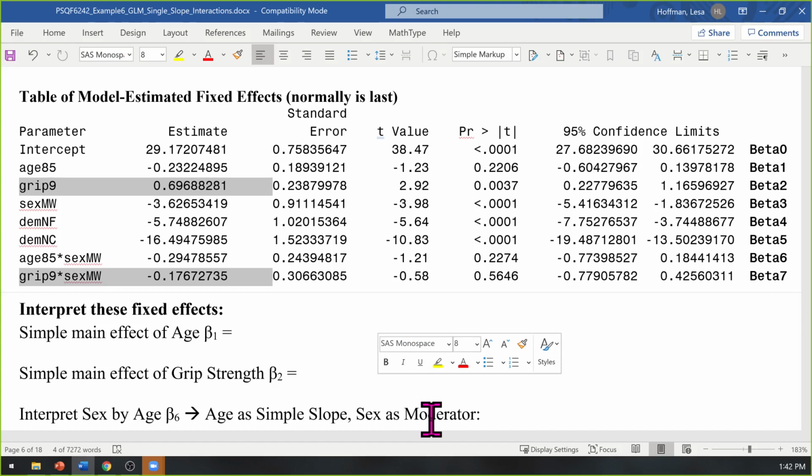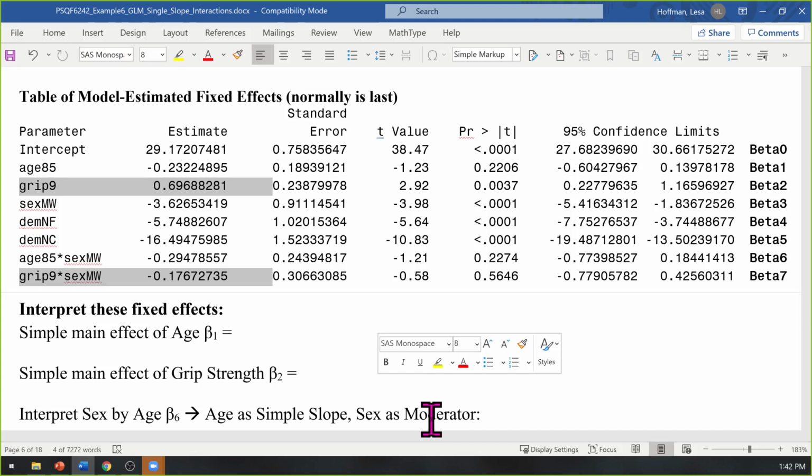So is that making it stronger in women or weaker in women? It's making it stronger, but it's not making it as strong.